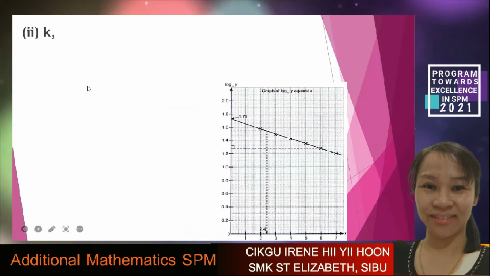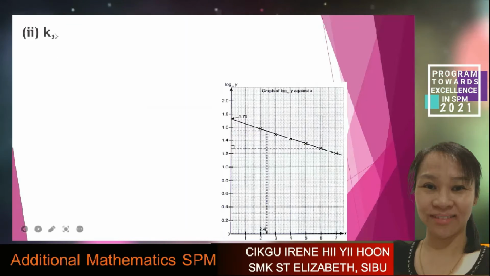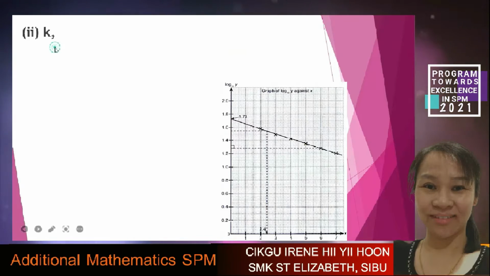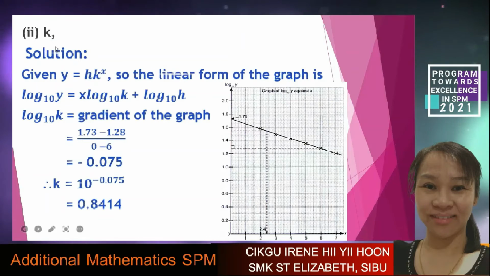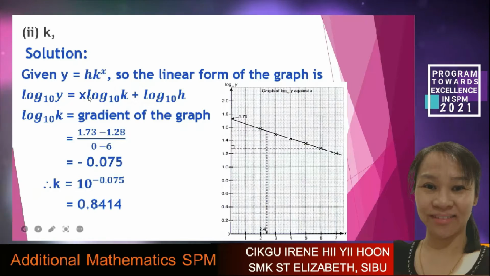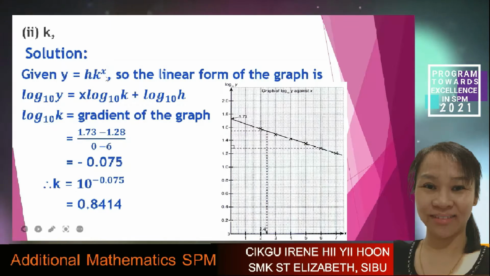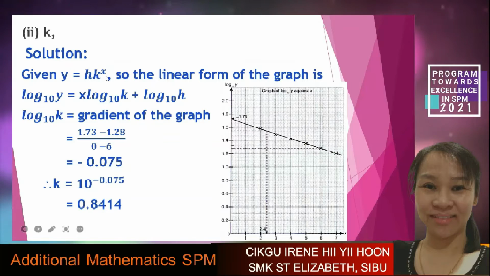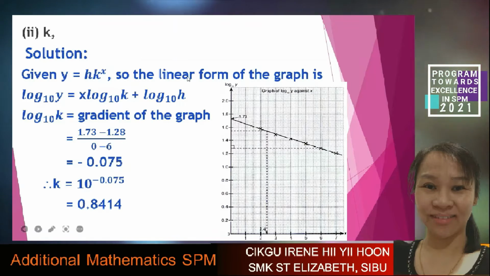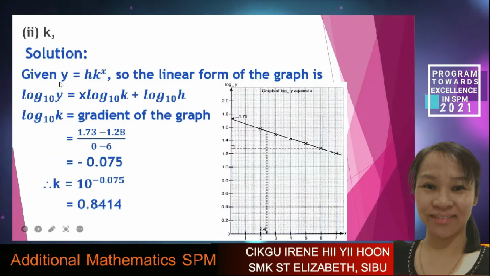Now let's look at question C2. Find the value of k. This is the solution. Given that y equals h k to the power of x, to get the linear form we must take the log of both sides.